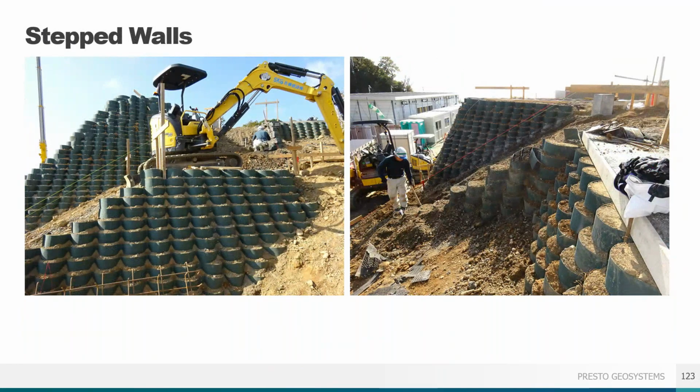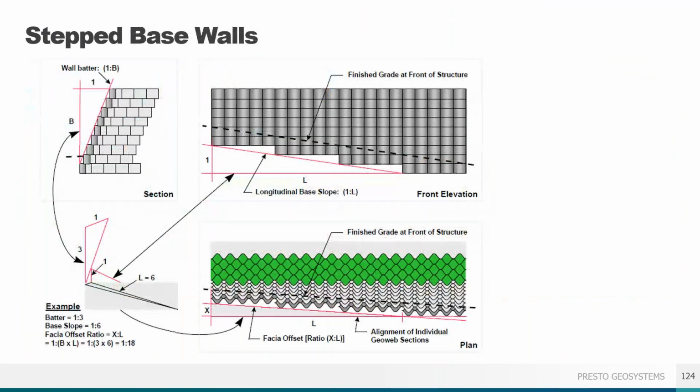Stepped walls are a bit of an advanced level install, needing some technique and some extra planning. Our full installation guide gives examples of calculating offset dimensions for a GEOWEB wall on a stepped base. These types of designs will need some extra care and attention, so make sure to work closely with our in-house engineering team so that everybody understands the site parameters.